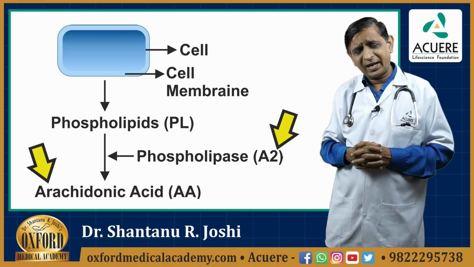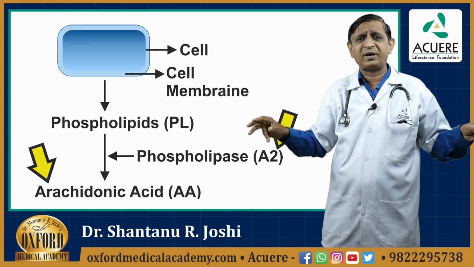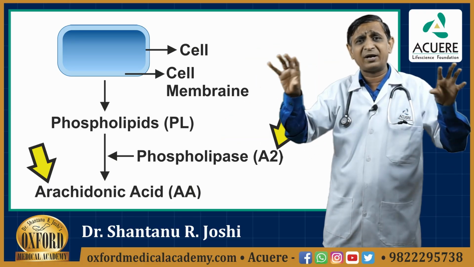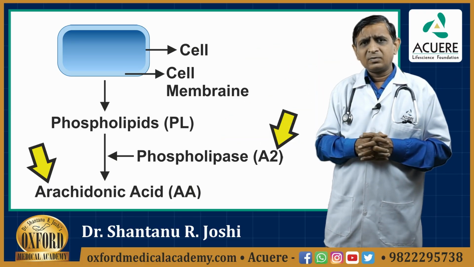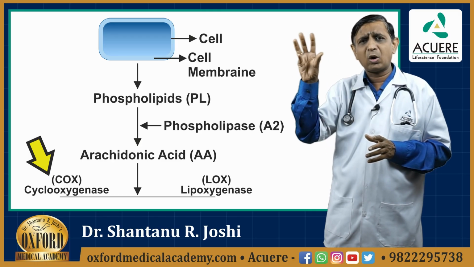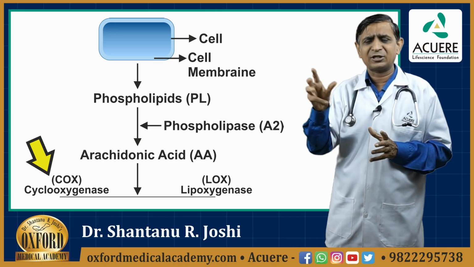This arachidonic acid can further be converted into different metabolites by two different pathways. The important pathway is known as the cyclooxygenase pathway, popularly known as the COX pathway.